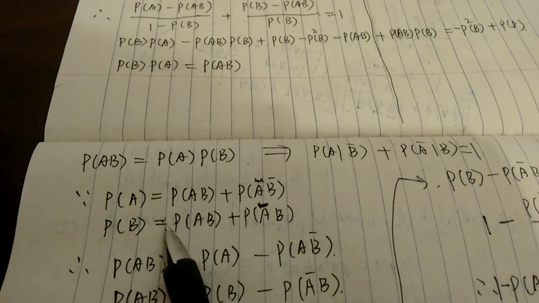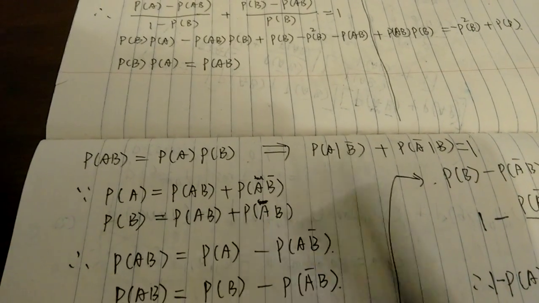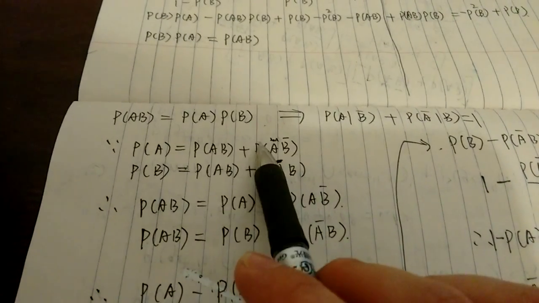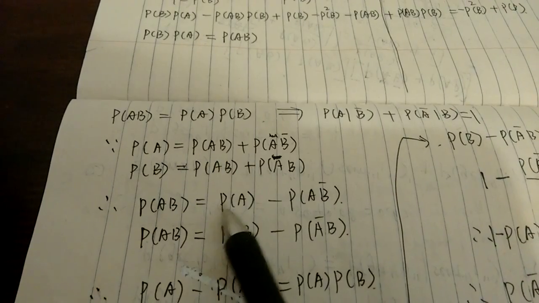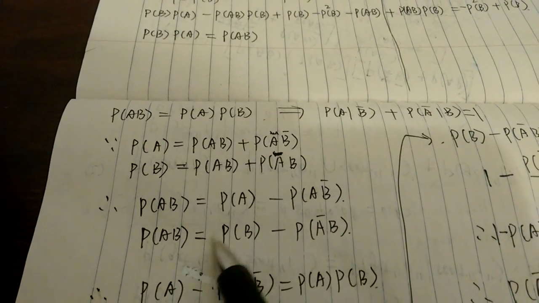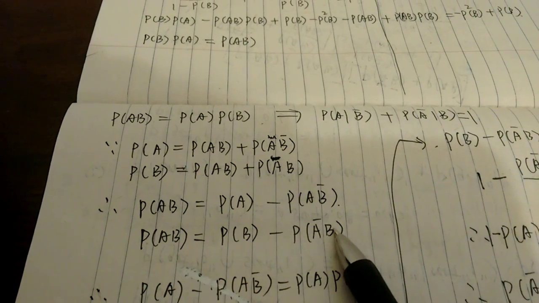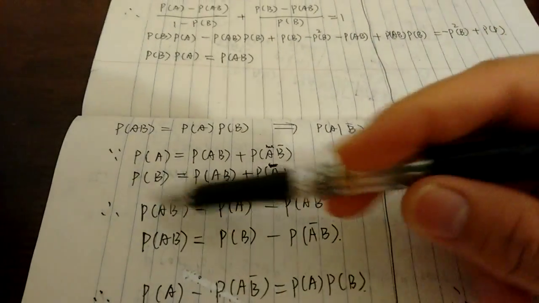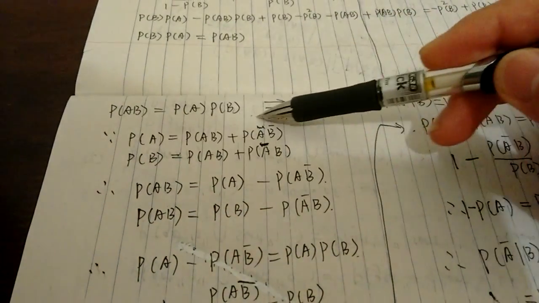Probability B equals probability AB plus probability A complement B. So we know that probability AB equals probability A minus probability AB complement, and probability AB equals probability B minus probability A complement B. So we use these two equations and rewrite the first one.